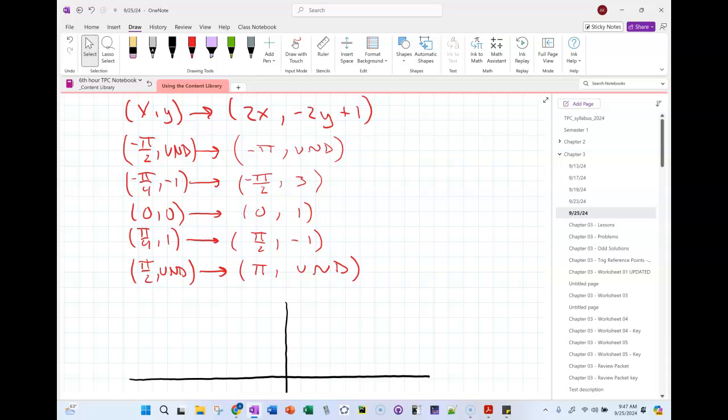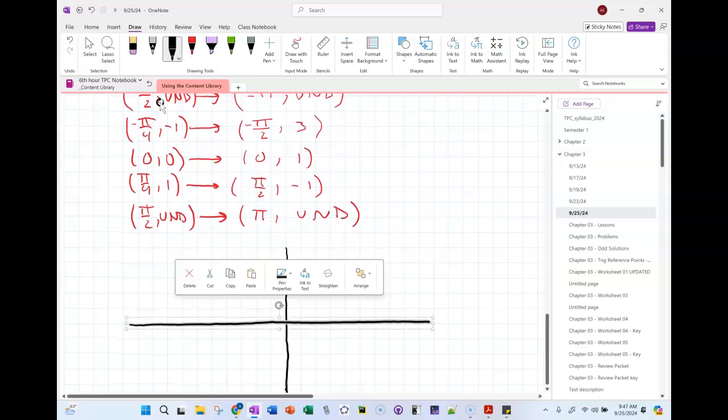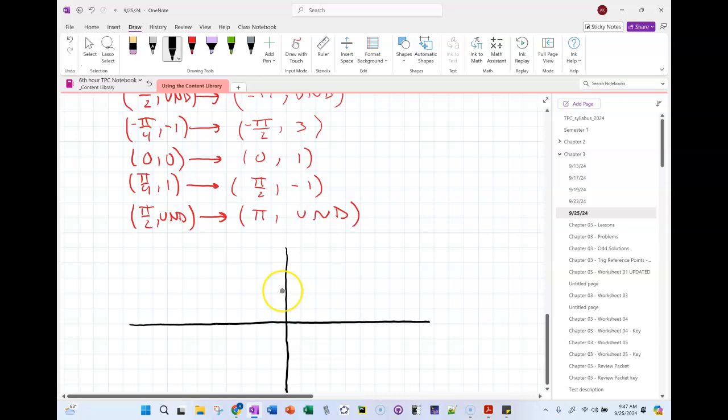What's the change between the x-coordinates? Pi over 2, right? You guys see that? That's what I would pick as my scale, is each tick mark is pi over 2. So like half a pi, 1 pi, 1.5, 2. Everybody feel good there?